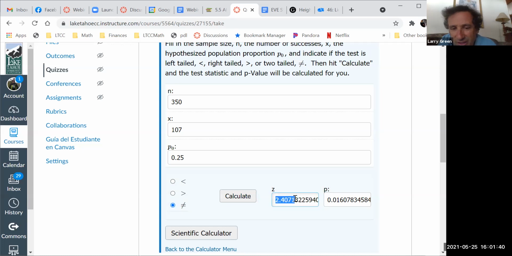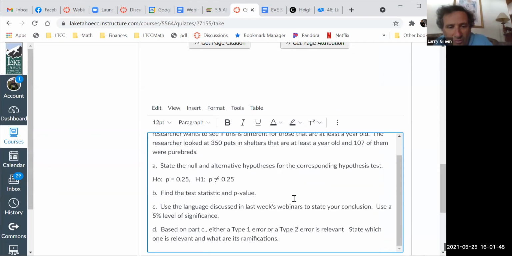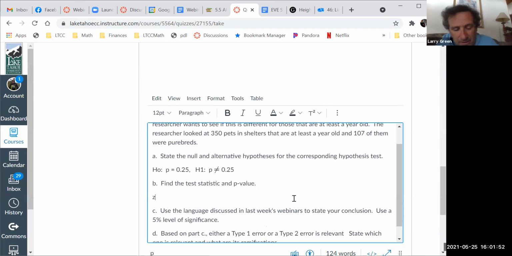Notice this number, the Z, is the test statistic, which is 2.4071. So I can write Z is equal to 2.4071.